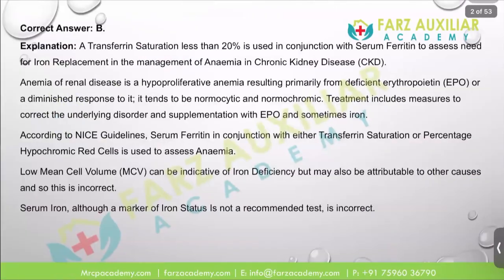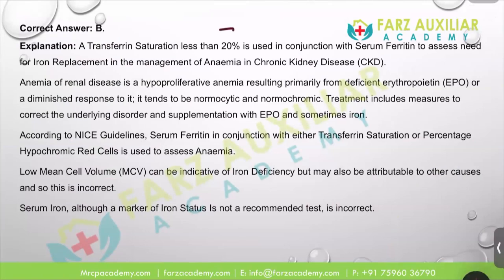Rightly said. Transferrin saturation less than 20% is used in conjunction with serum ferritin to assess the need for iron replacement in patients who have anemia in CKD. Now, this anemia of CKD is a very important topic. You can write it down as one of the important topics for preparing for MRCP.